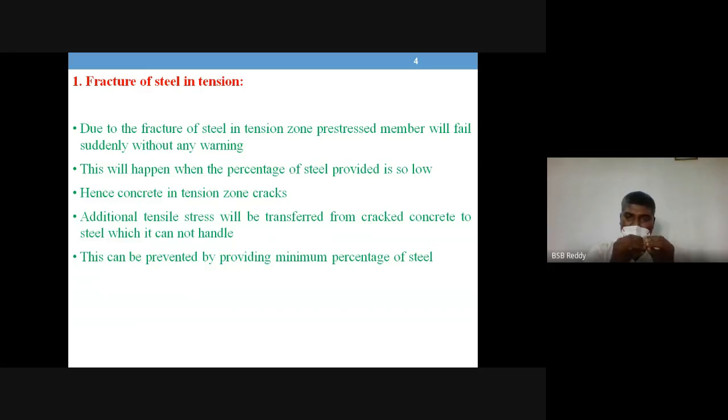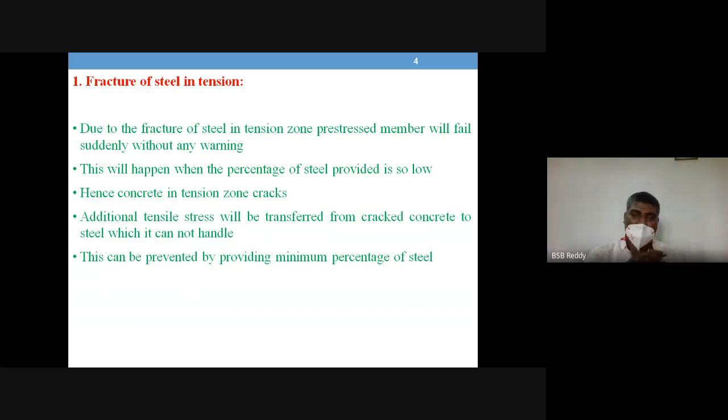Due to dead load and live load, gravity acting vertically downwards, the member will be in bending, technically called flexure. When a member is in flexure, how is it going to fail? You know this from the design of reinforced concrete structures.